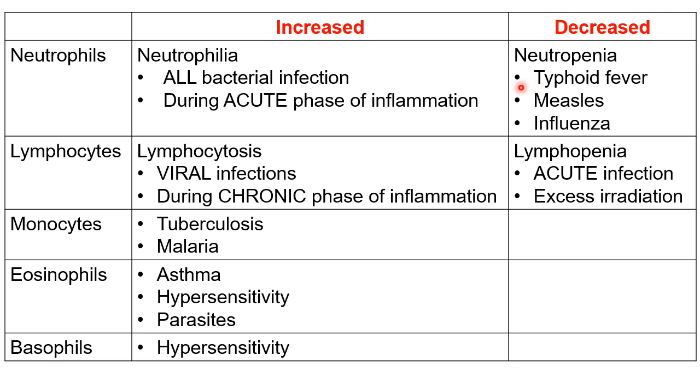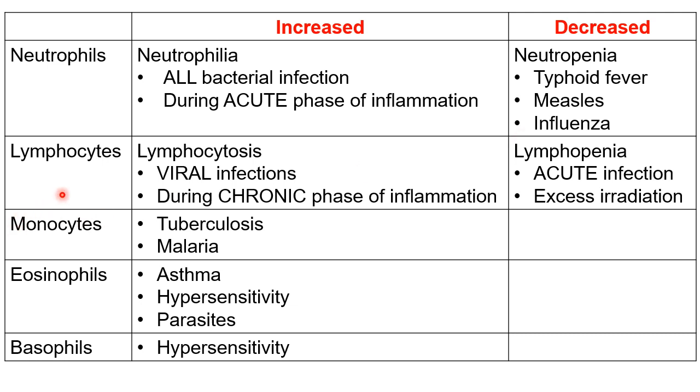Back in your bacteriology, typhoid fever is caused by Salmonella typhi. Measles and influenza are viral infection naman, which primarily targets WBC, most especially neutrophil. So, mababa yung levels of your neutrophil in your peripheral blood.